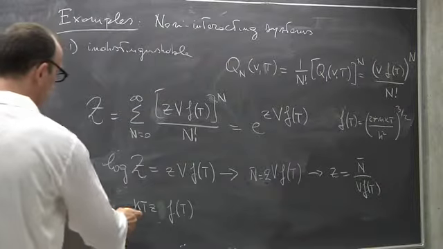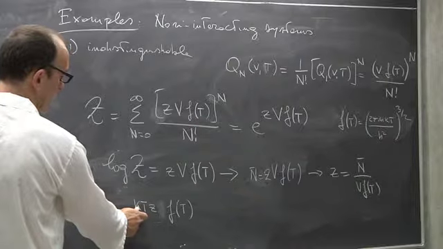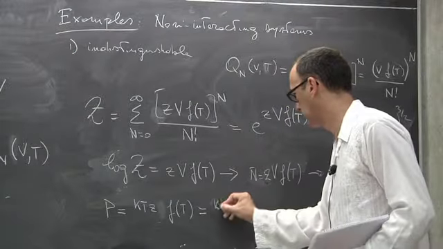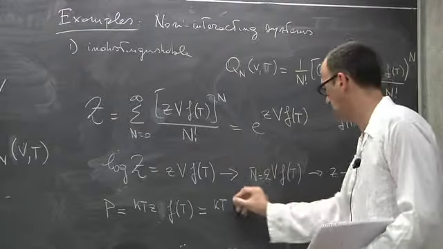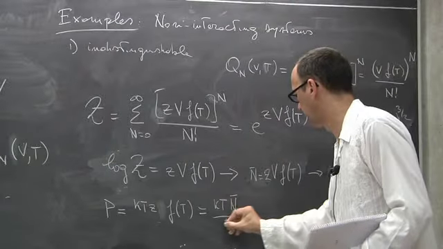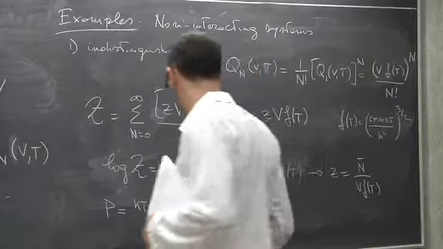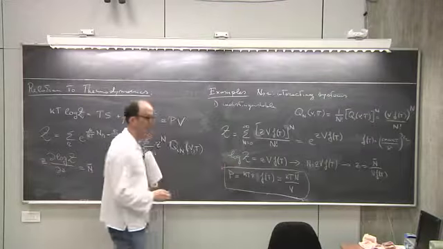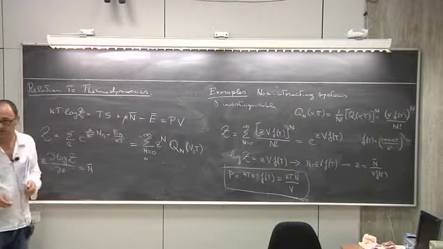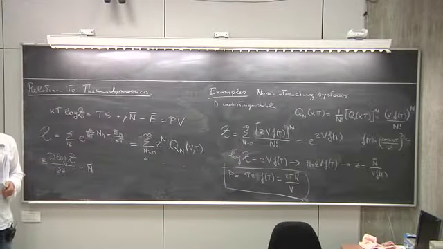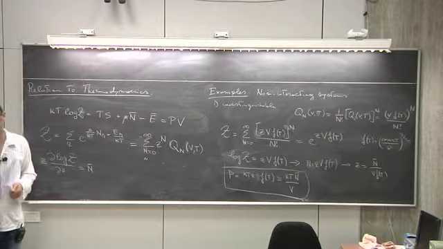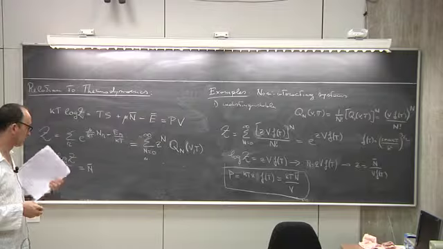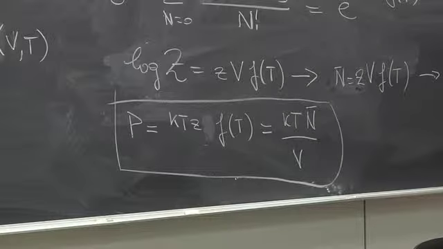Now if you put this back here, you get kT times N divided by V. So you see this is again the ideal gas law, as expected. So you get PV equals N kT.